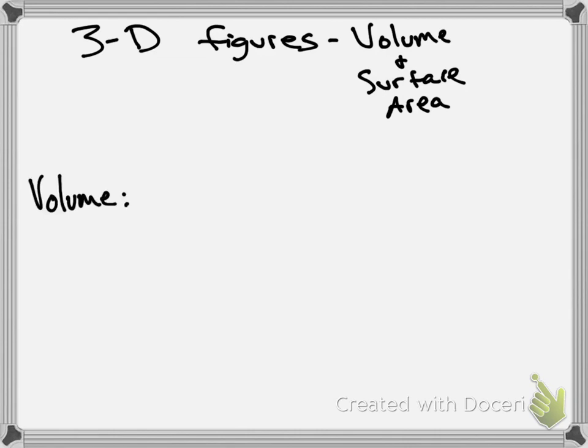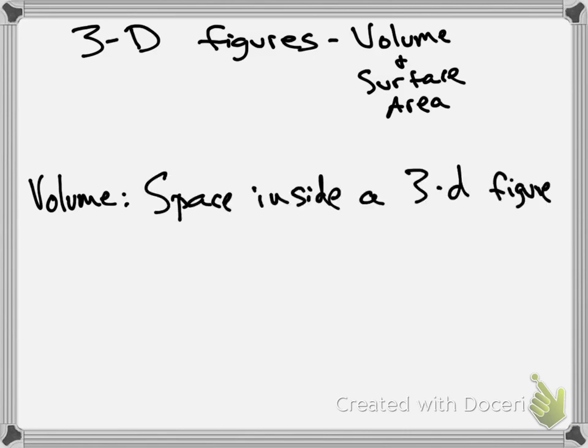So first, if we talk about volume, I like to use an analogy of a box. Volume is simply the space inside a 3D figure, or how much of something can fit inside of a 3D figure. If you're thinking about a box of cereal, you might ask how much cereal can fit inside.